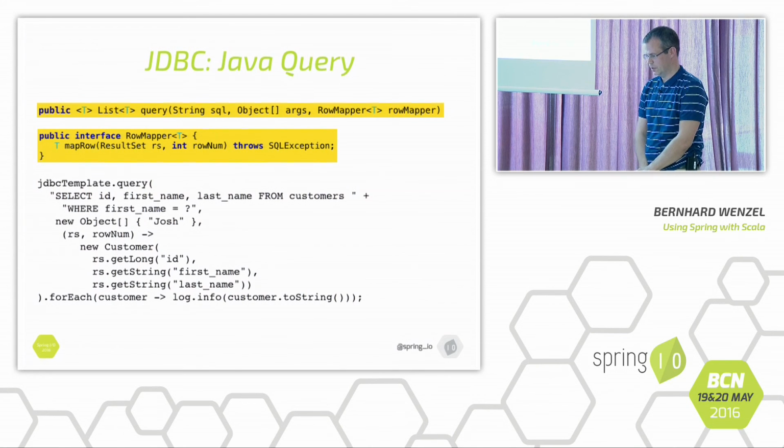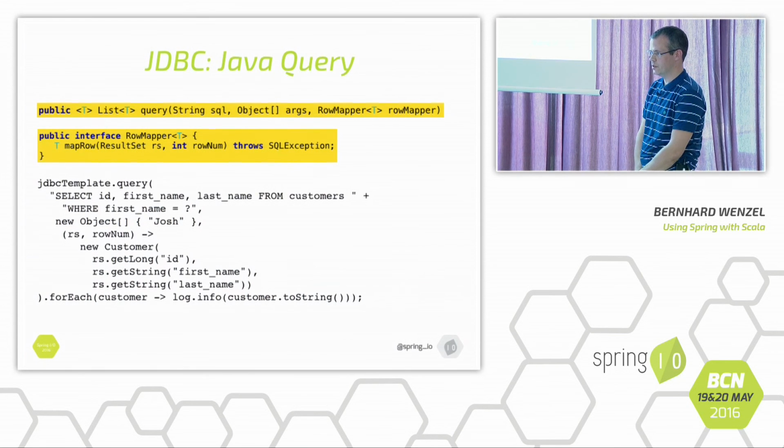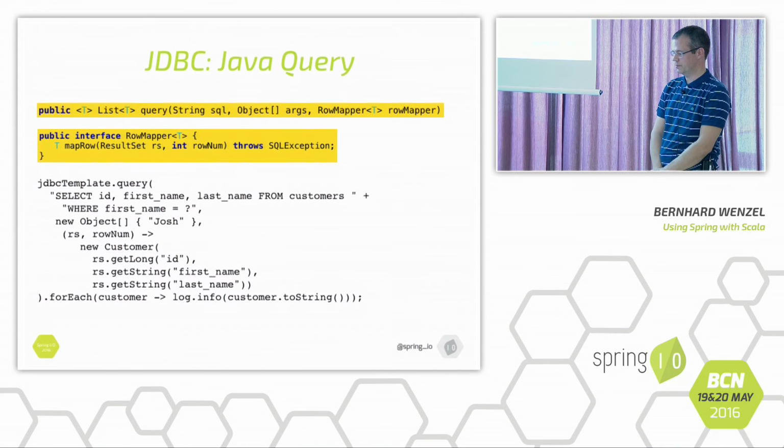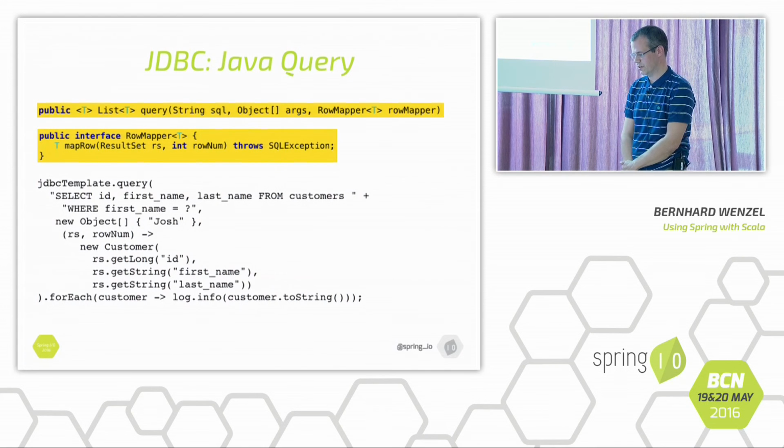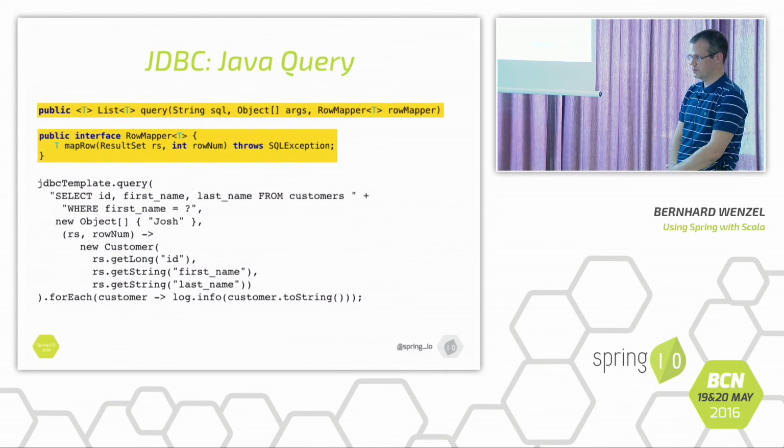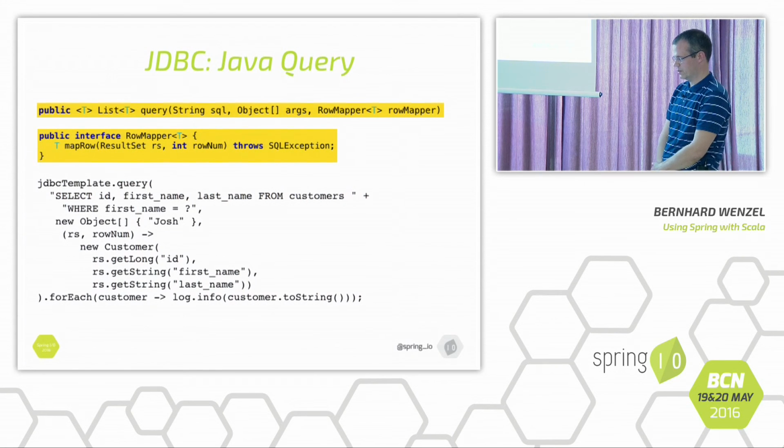And well, the query interface of the JDBC template is just an SQL string, and then an object of arguments, which we can pass to the string, and then we have the row mapper, which maps the returned result from the database. So we have our query, we have our object array, and we create customer objects. Finally, we print all these customers we just created out on the list just to see that it has worked.